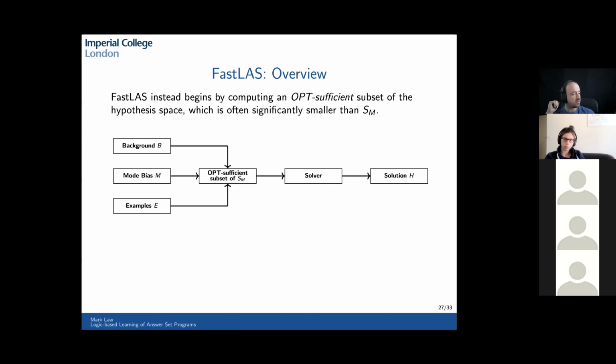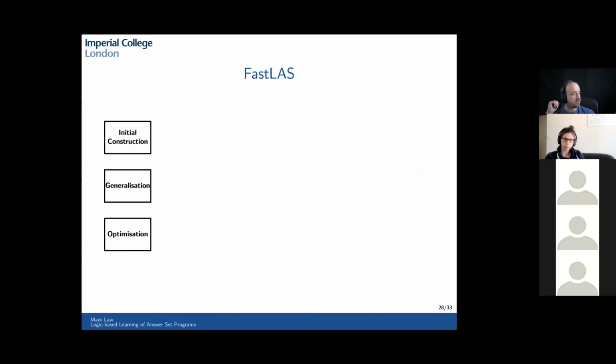Because the subset contains at least one optimal solution, the solution found by the solver is still guaranteed to be optimal overall. So it's the same guarantees, but because this subset is usually significantly smaller, FastLAS is much more scalable than ILASP.